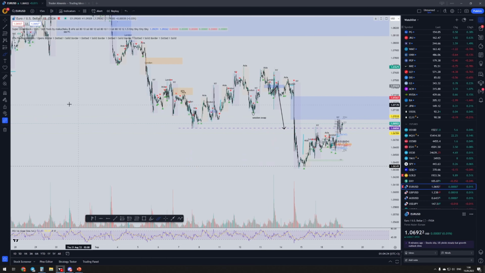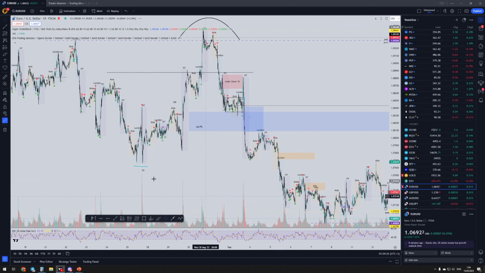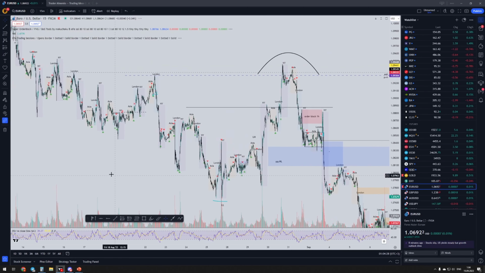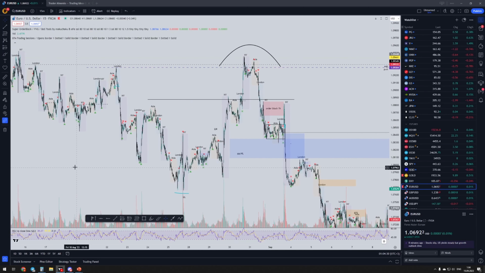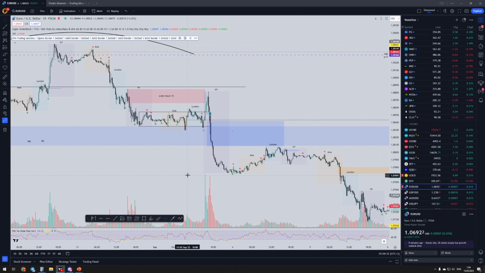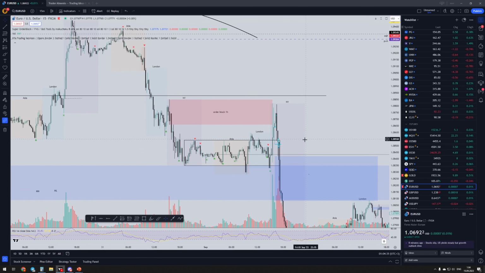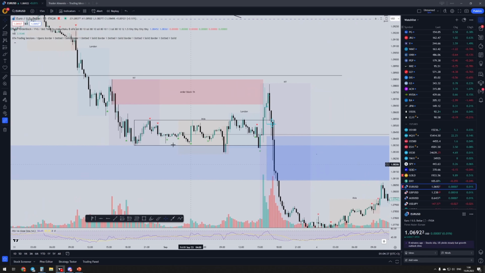It was a great example on euro back in the days. It was a perfect example. Yeah, this one. It was a classic range. This one.